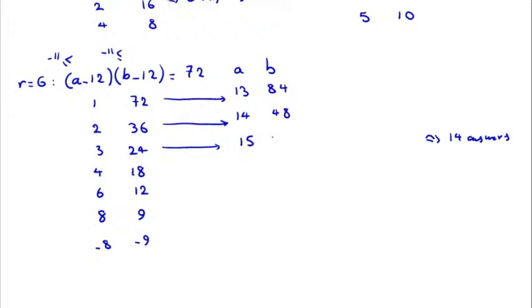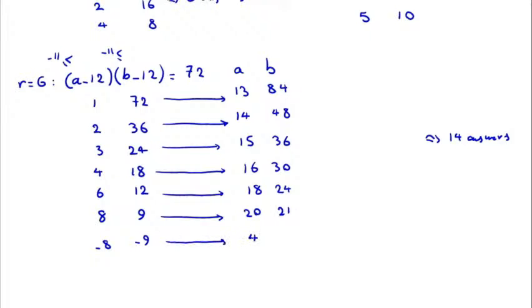This one by 12, 15, 36. This one by 12, 16, 30. If we add 12 here, 18, 24. If we add 12 here, 20, 21. If we add 12 here, it will be 4 and 3.